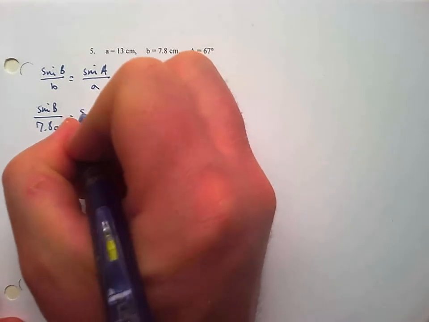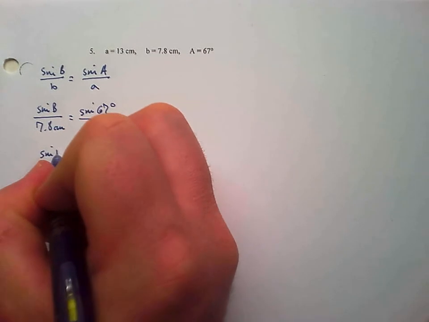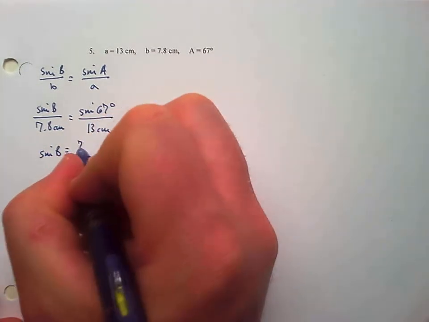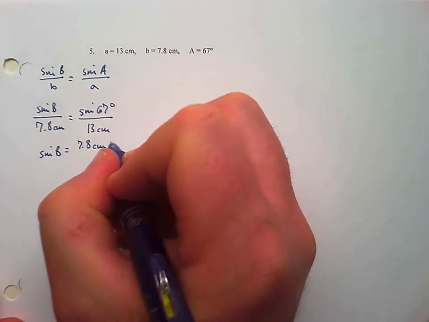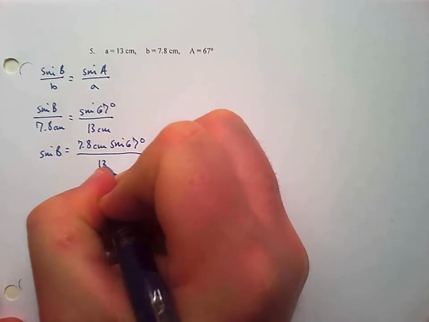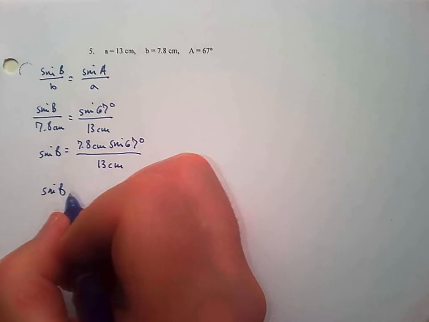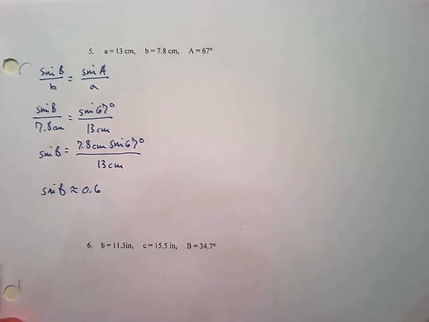So the sine of B over 7.8 centimeters is equal to the sine of 67 degrees over 13 centimeters. Sine of B therefore is 7.8 centimeters times the sine of 67 degrees over 13 centimeters. Therefore the sine of B is approximately equal to 0.6.